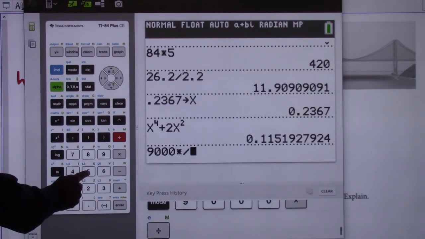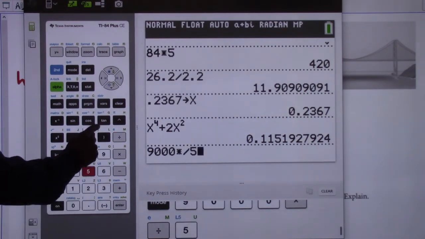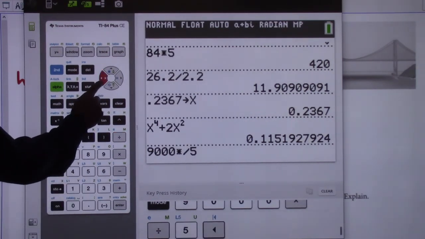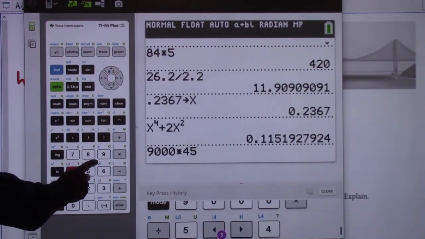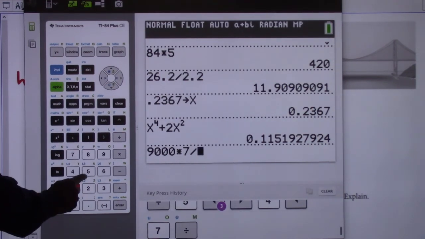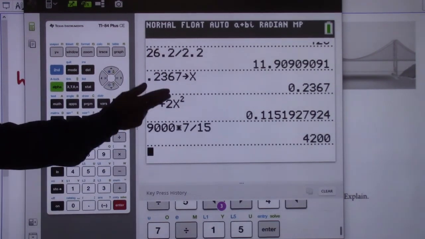9,000 times 7 divided by 15 gives 4,200, right?